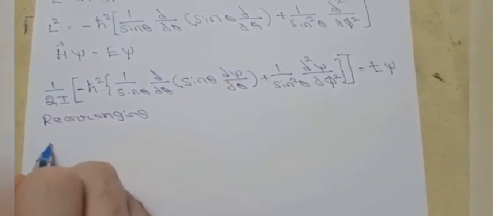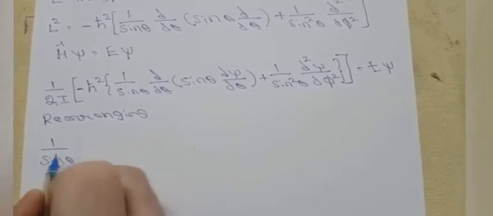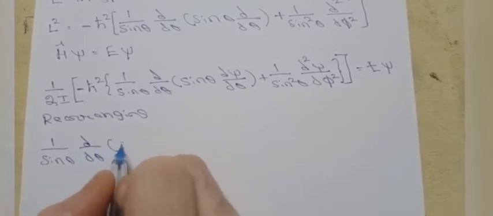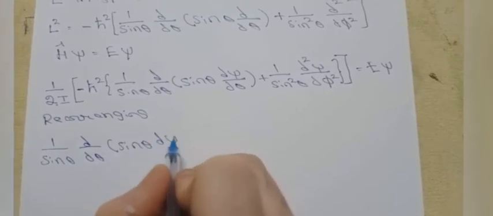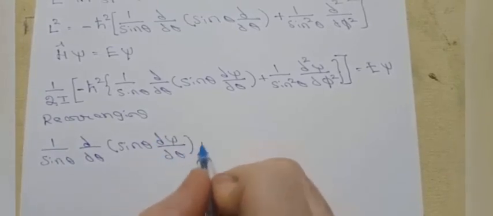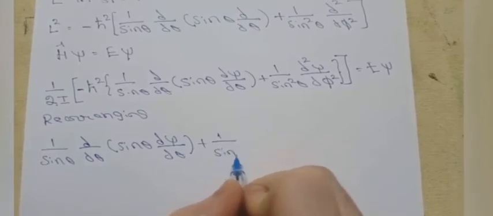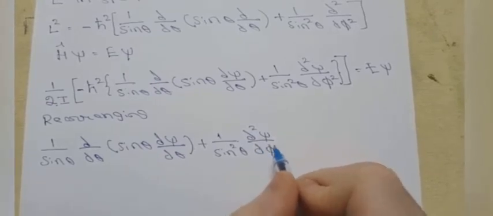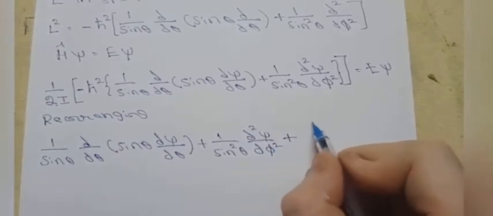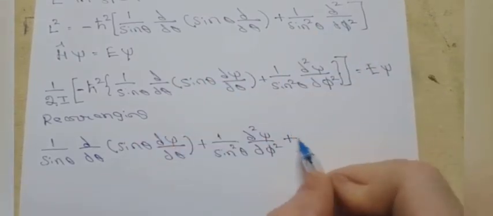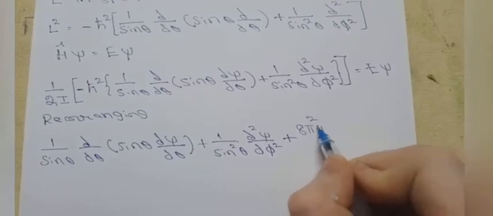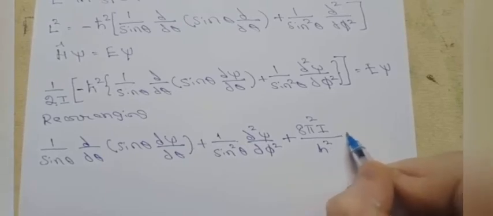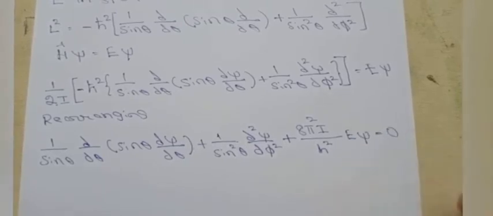So by rearranging this equation we get 1 by sin theta dou by dou theta of sin theta dou xi by dou theta, plus 1 by sin square theta dou square xi by dou phi square, plus, bringing the whole thing to this side, 8 pi square I E divided by h square xi, where h cross has been converted into h, is equal to 0.